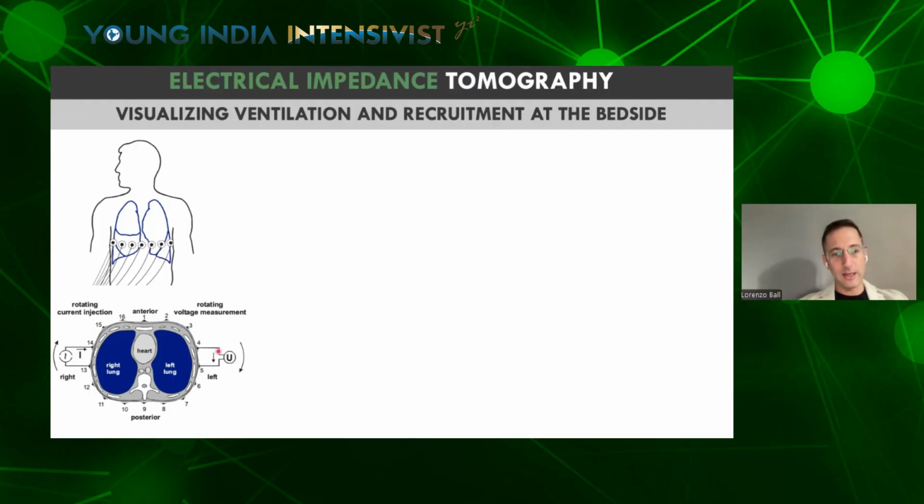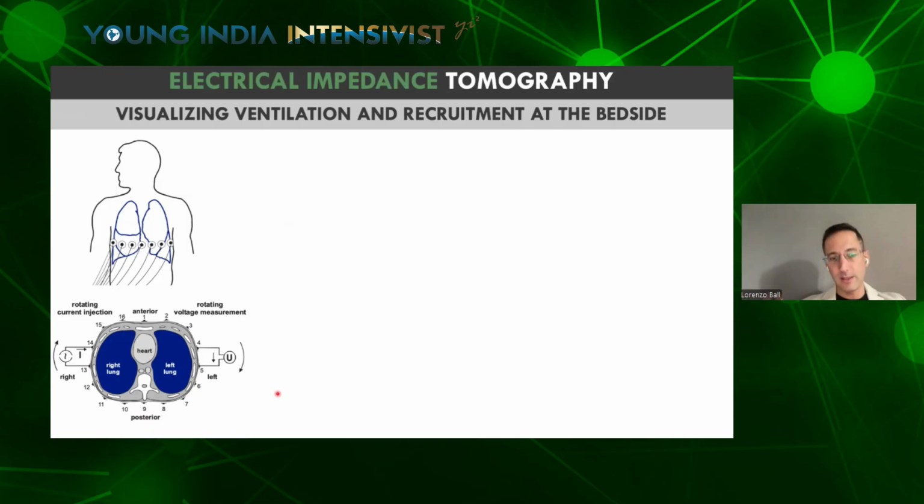A small electrical current is applied in sequence to these electrodes, and the conductivity from each connector to the others is measured. From this information, so how much the current is capable of passing through the thorax, we can understand the relative amount of air and tissues inside the lung.